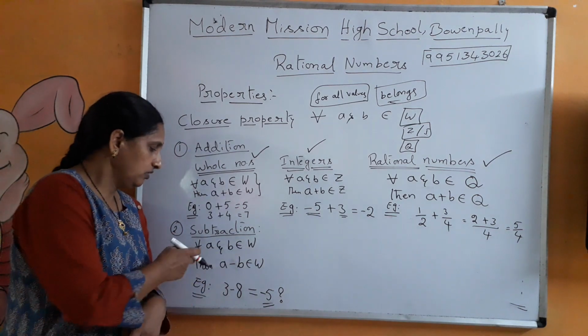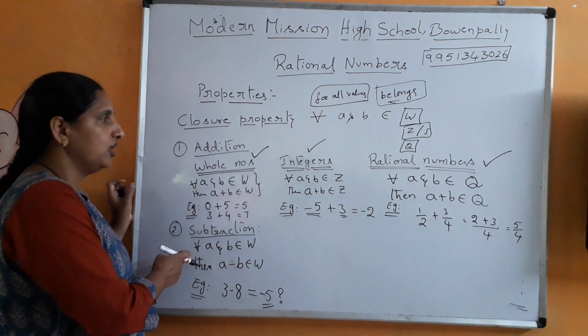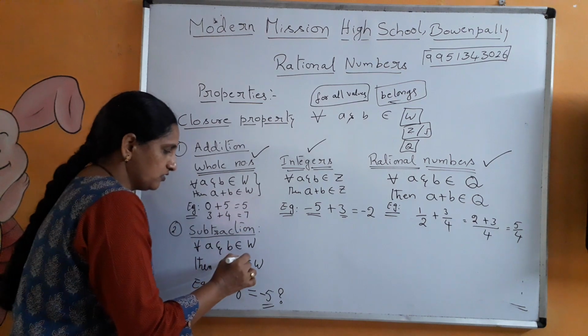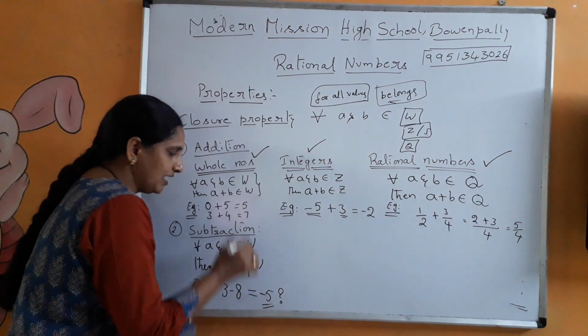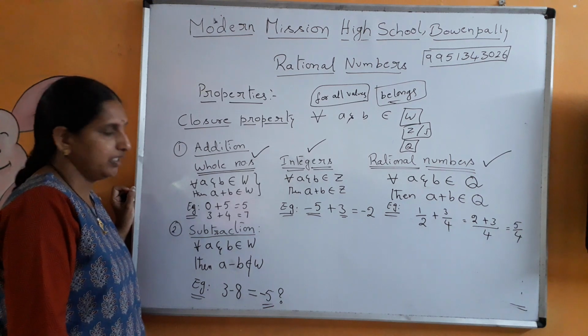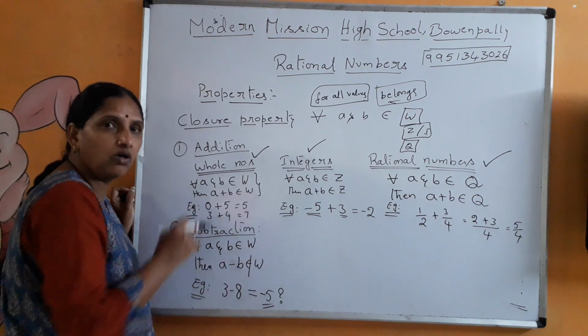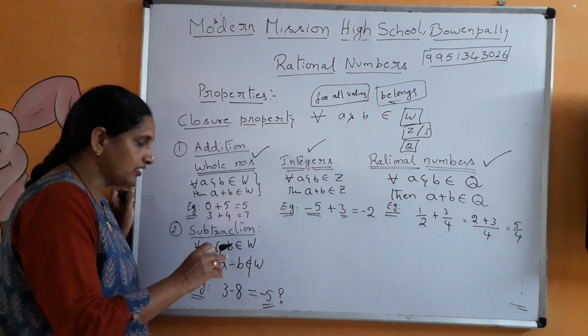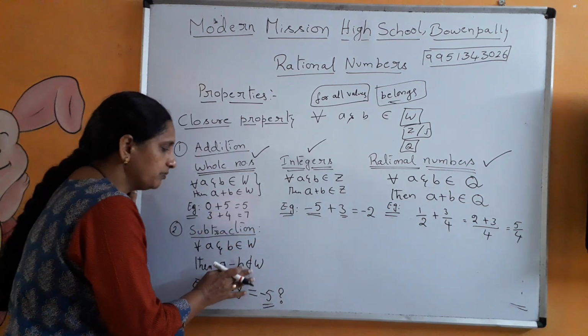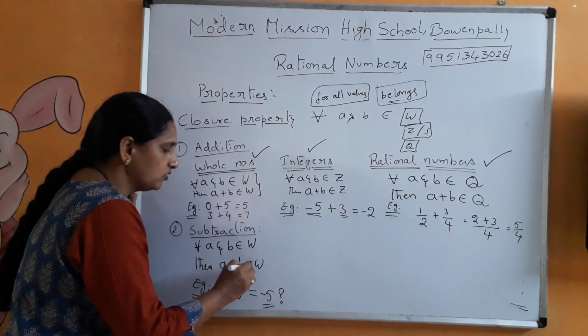Yes. So whole numbers are not closed under subtraction. Therefore A minus B need not belong to whole numbers. It is not necessary that this is true for every number. It may or may not belong to whole numbers.